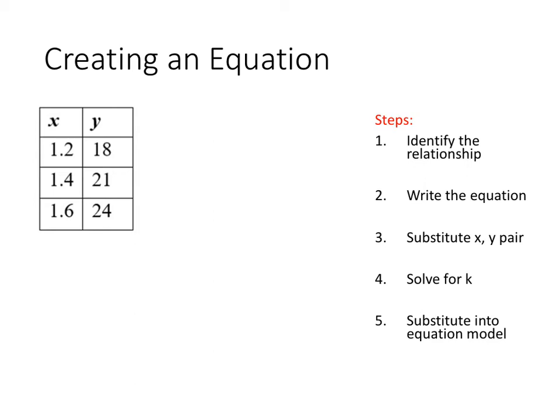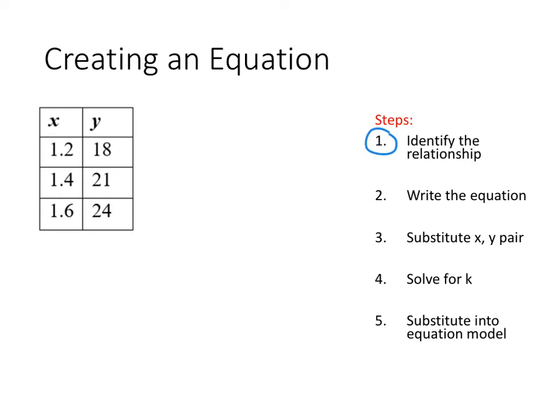If we look at step 1 here, if we were to create the equation for our variation, either direct variation or inverse variation, our first step is to identify what we think that particular relationship is. Now, we don't always necessarily have to keep it that way. Just because we think that it's a direct variation or an inverse variation doesn't mean that it's going to be that.